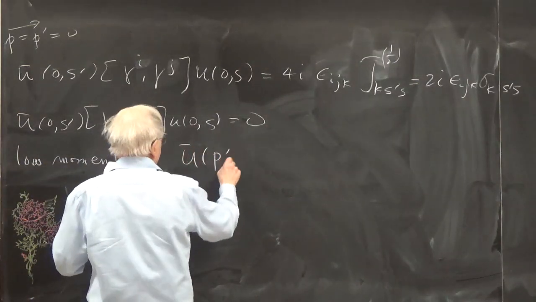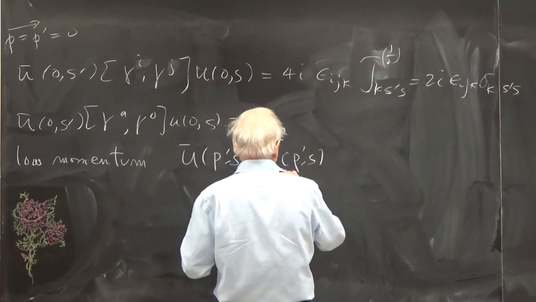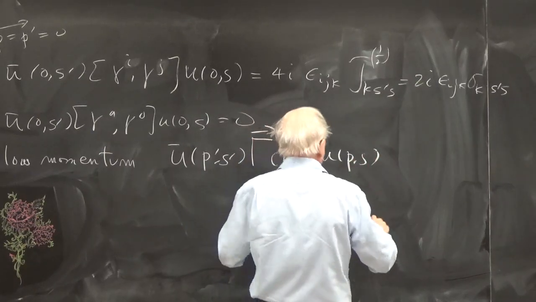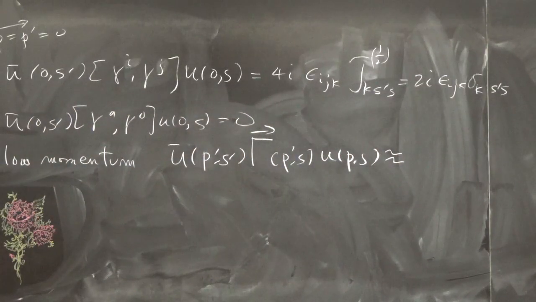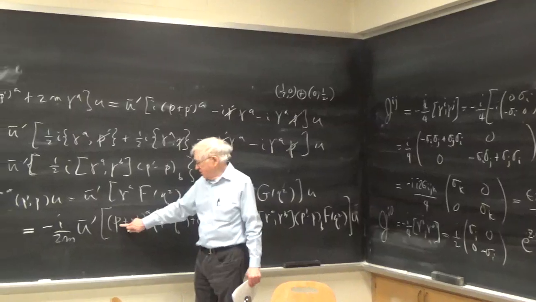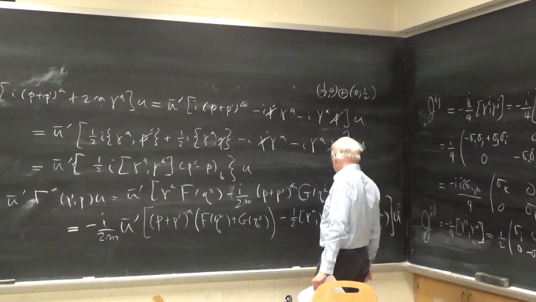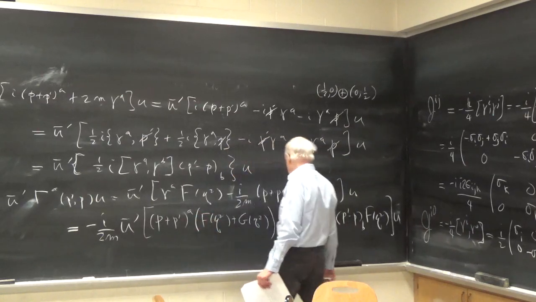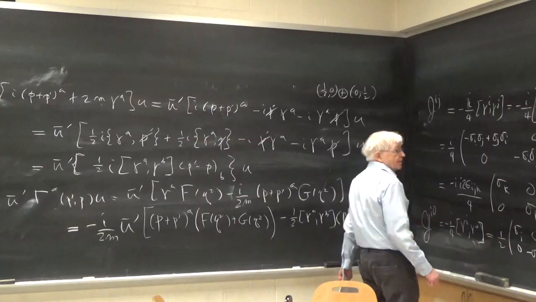So we have u bar of p prime, s prime, and now we're writing this as a vector, gamma of p prime and s, because we're just considering spatial values of A, u of p and s, and this then is approximately, so what happens is we're going to basically ignore these terms because at low momentum, what you have is just the momentum over the mass, and then the 0, the gamma, low momentum over the mass, and in any case, it's this term that has to do with the magnetic moment.